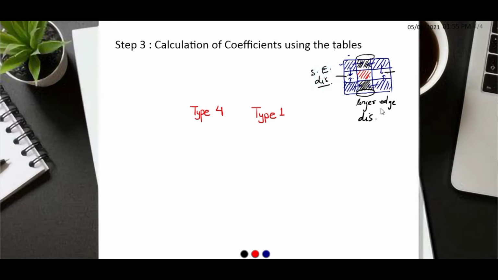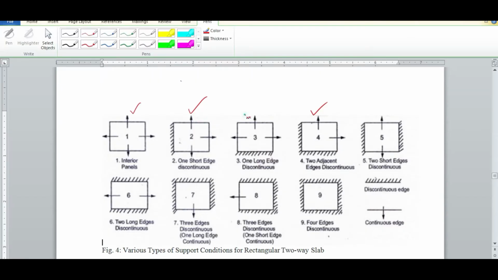So let us identify their types. Type 2 and type 3 are the cases in which 3 edges are continuous and 1 edge is discontinuous. Type 2 is for short edge discontinuous and type 3 is for long edge discontinuous.